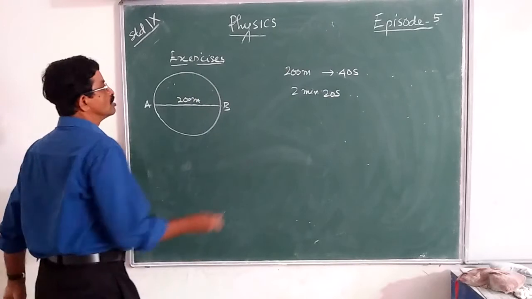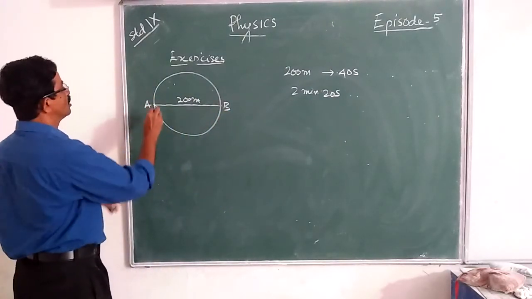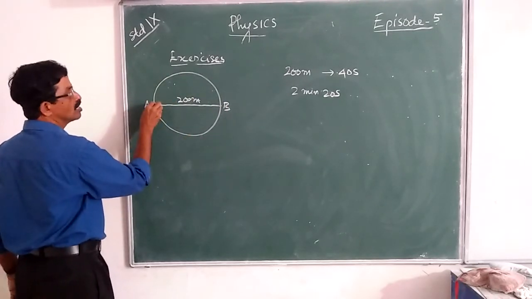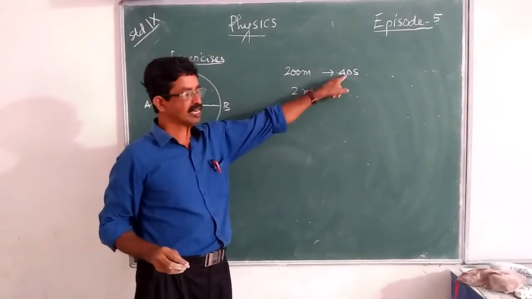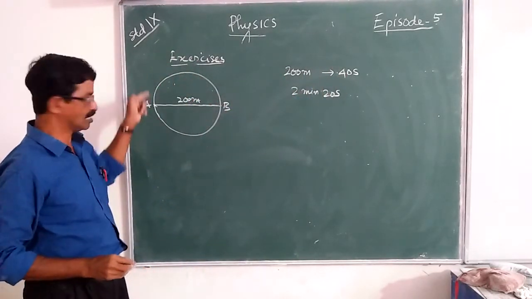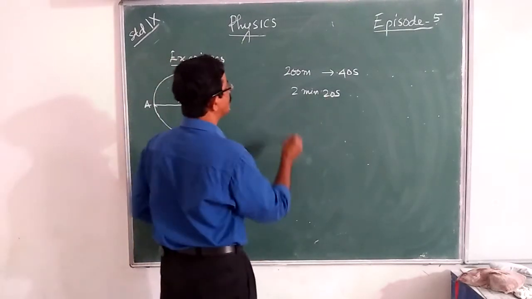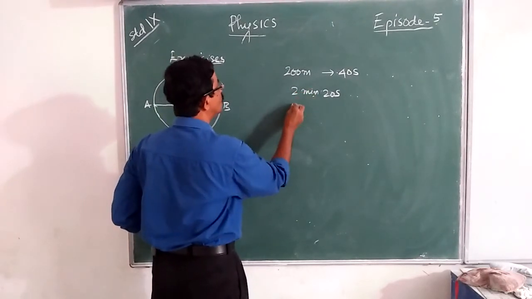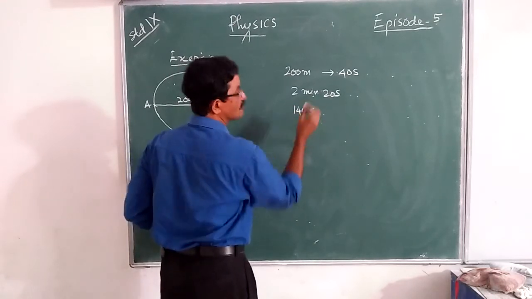See, 140 seconds. He started from here and once he comes back here, that is, for every 40 seconds, he completes this circular path. That means 2 minutes 20 seconds: 1 minute is 60 seconds, 2 minutes is 120 plus 20, total 140 seconds.